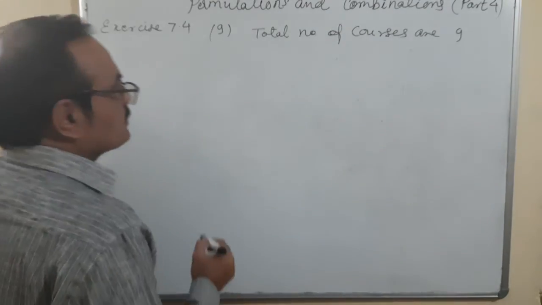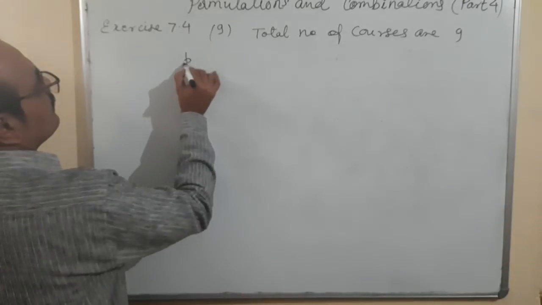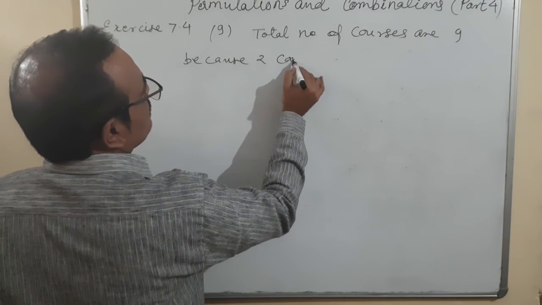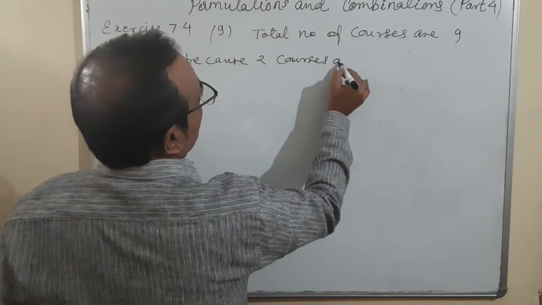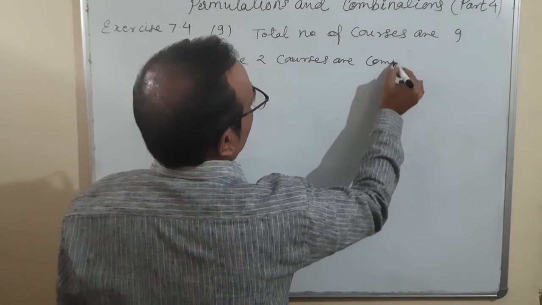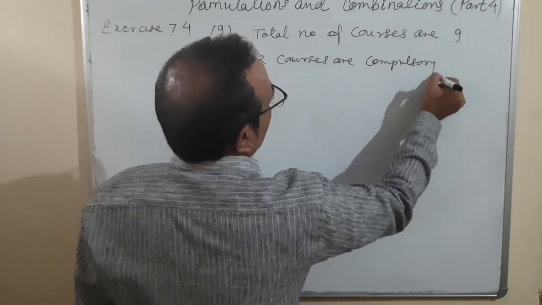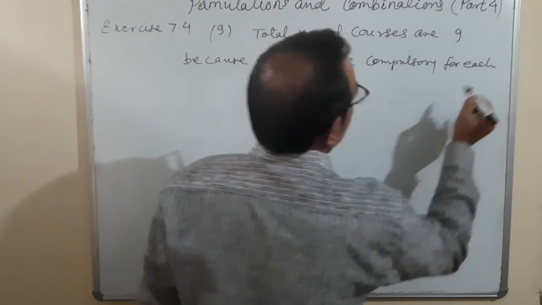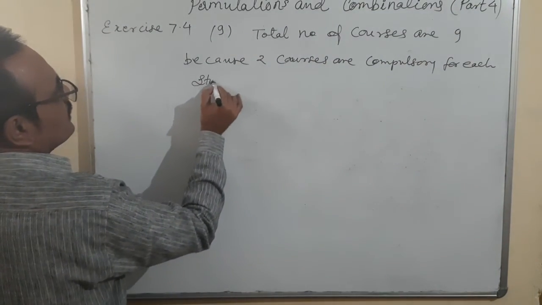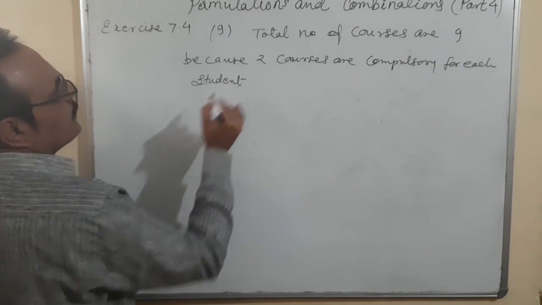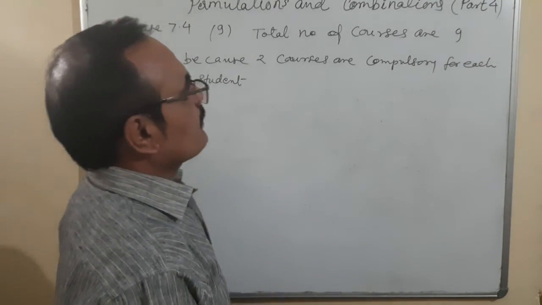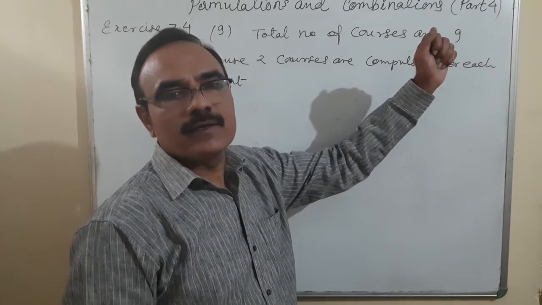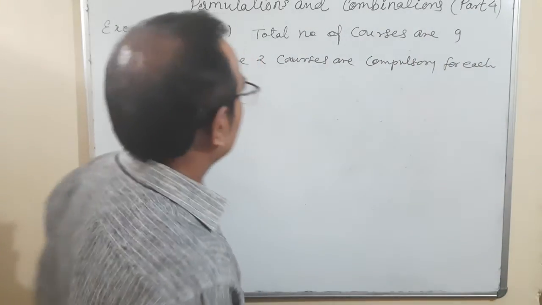So that means 2 courses are compulsory for each student. Therefore, 2 are compulsory, so definitely 2 will be selected out of 9. Now the remaining is 7.